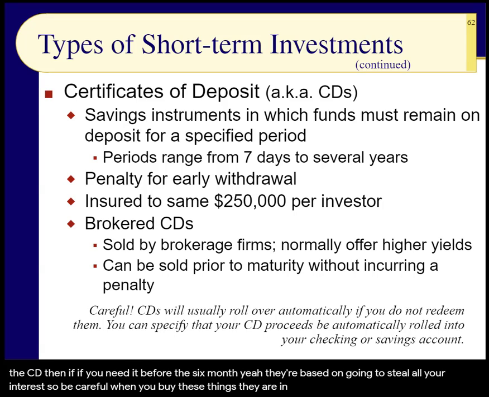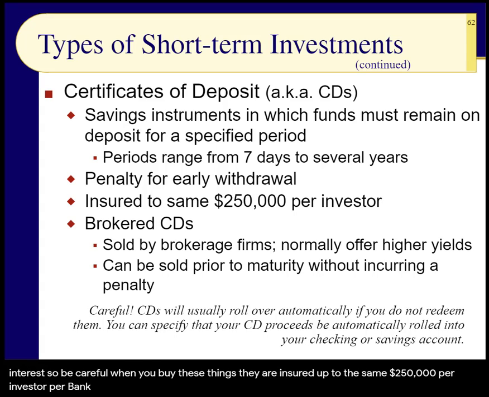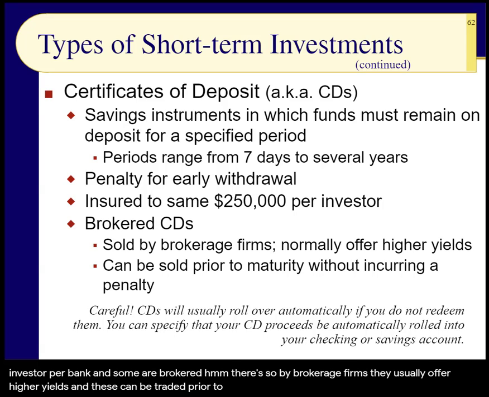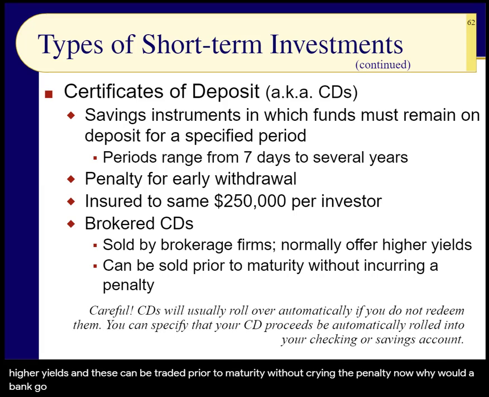They are insured up to the same $250,000 per investor per bank. And some are brokered. They're sold by brokerage firms. They usually offer higher yields, and these can be traded prior to maturity without incurring the penalty. Now, why would a bank go to a brokerage firm to get them to sell their CDs? Because the bank or credit union is in need of cash.